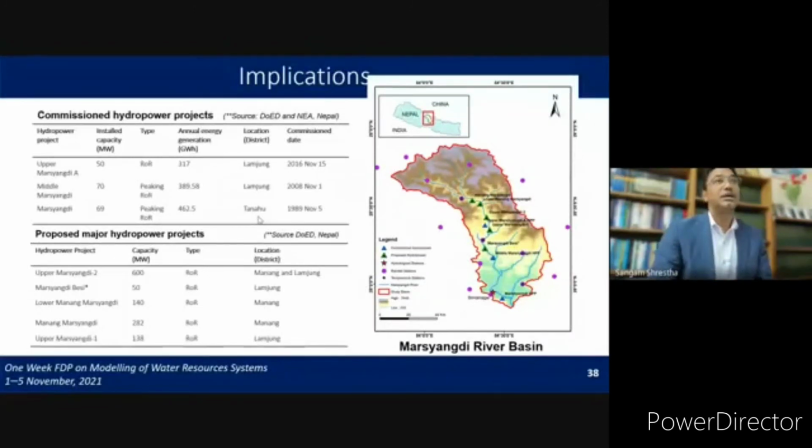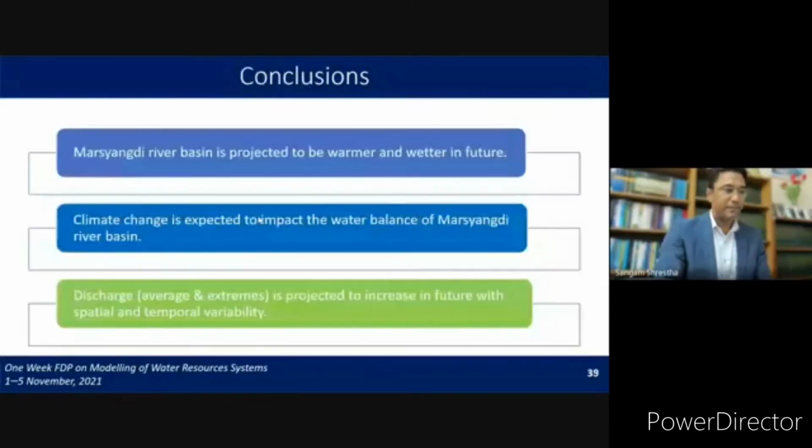So there might be risk for the hydropower projects, which can be analyzed, and several adaptation options can be proposed in this river basin. These are the conclusions I want to make from this case study.